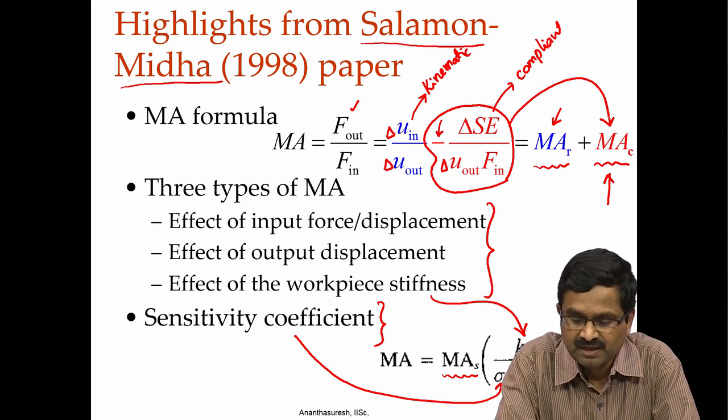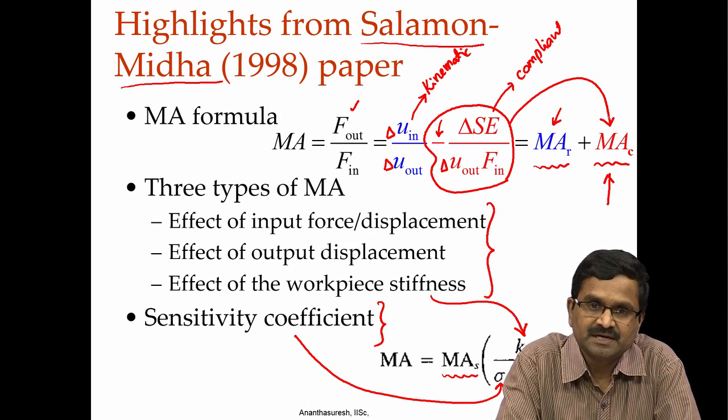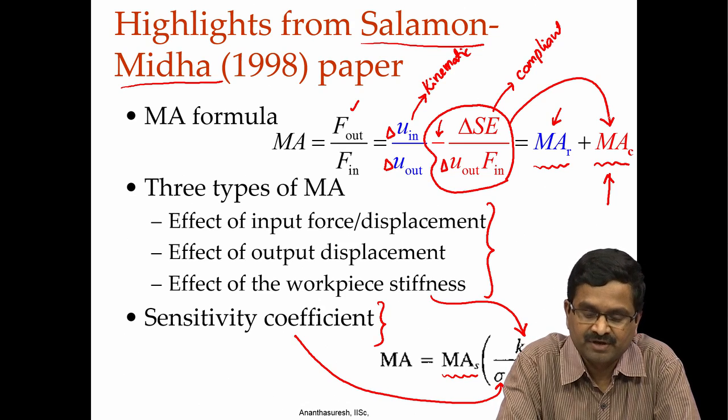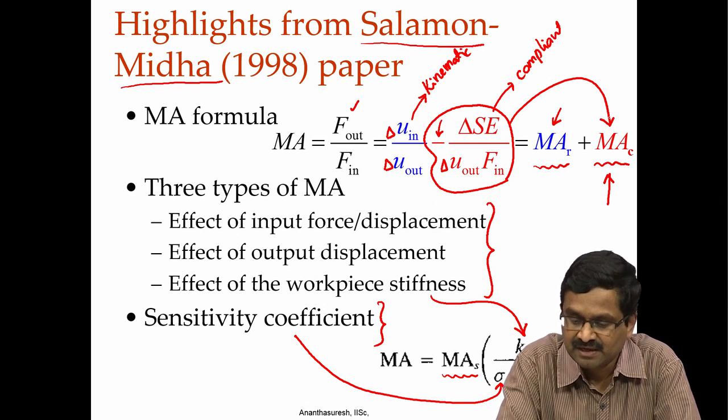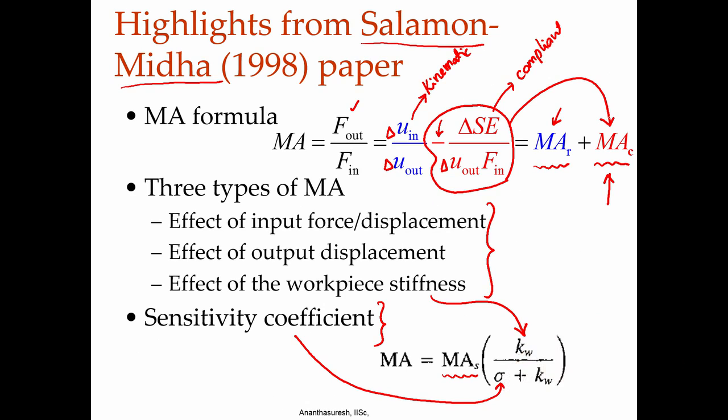So, what this formula tells you is that the mechanical advantage of a compliant mechanism is actually hindered by the compliant component, because the rigid body or kinematic component is simply the inherent kinematics there, delta u in by delta u out. Now to that one you are adding a negative quantity, adding meaning we have put a plus sign here, adding a negative quantity which is MAC.